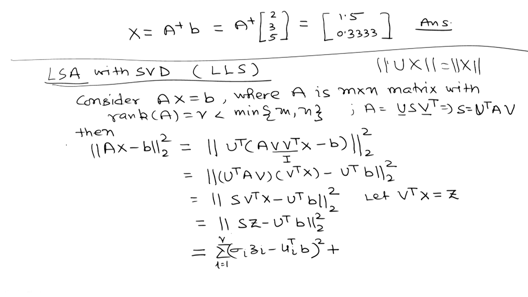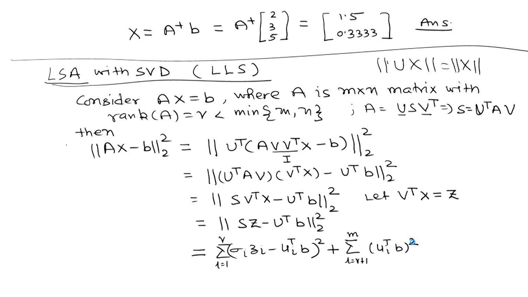Because the matrix A has only r non-zero singular values. After that, all sigma i where i is greater than r will become 0. So, this term will become 0, and then for i equals r plus 1 to m, this will become simply this.